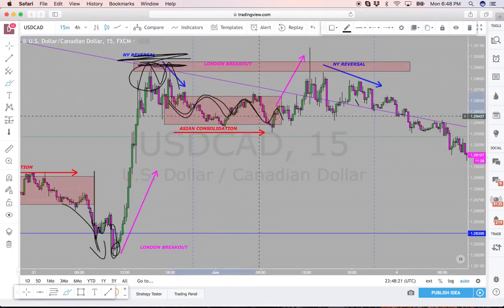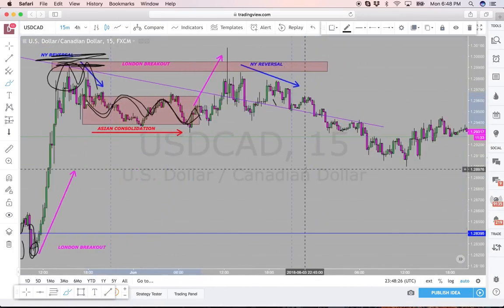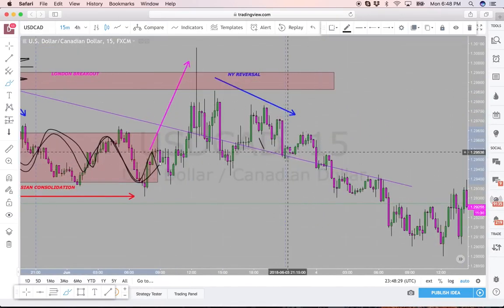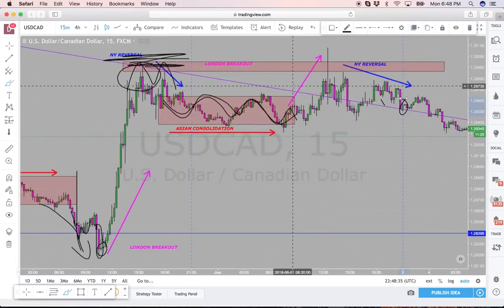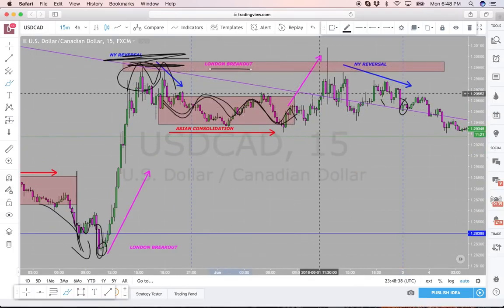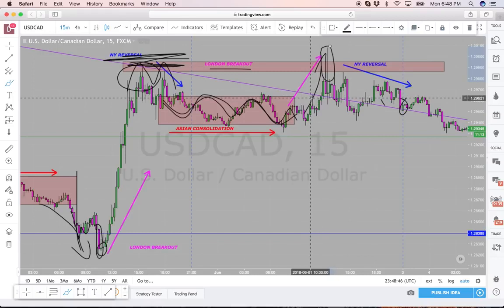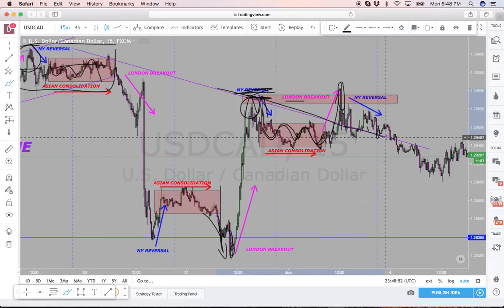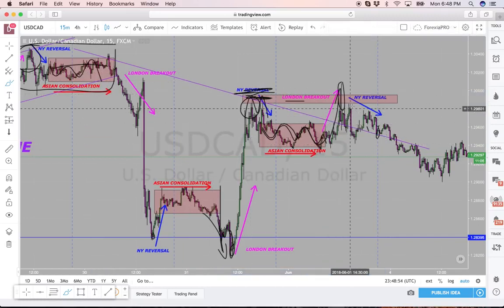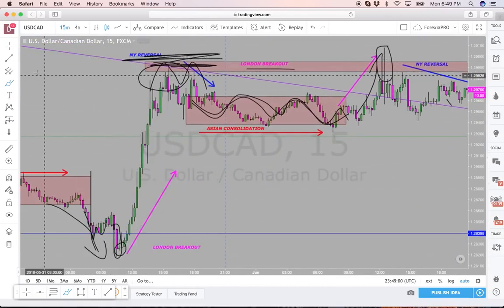So Asian session consolidation, NFP, we have NFP. This is NFP Friday. Then we have Sunday, Monday, market open here. But more importantly, NFP Friday, we had the London session breakout, inducing retail traders to buy the breakout of this. Not only did they have a trend line here, but that head and shoulders, and also the high of the previous day.